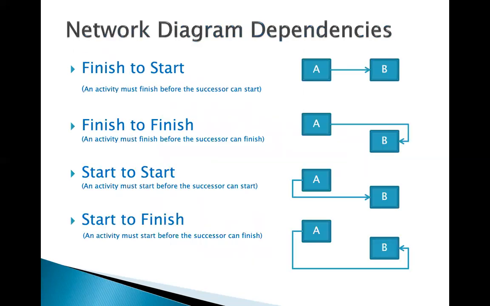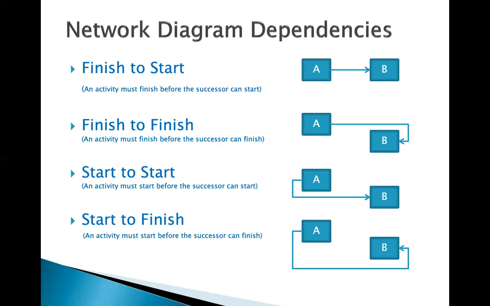In order for us to move forward understanding the critical path methodology, remember that we have 4 types of dependencies: finish to start, finish to finish, start to start, and start to finish. I'm providing the 4 dependencies because for the exam, you need to understand the concept of the relationships.